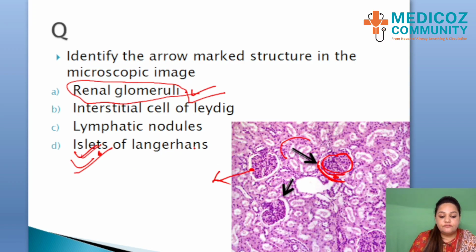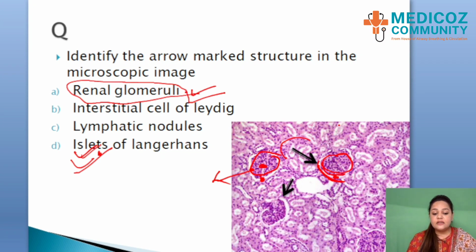Now if it were a slide of the pancreas, there would be a somewhat similar appearance, but there would be no space. You just need to see the surroundings as well. If this were a slide of pancreas, there should be serous acini and some other related structures, but here we have the renal glomeruli.